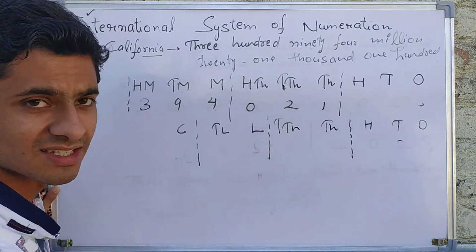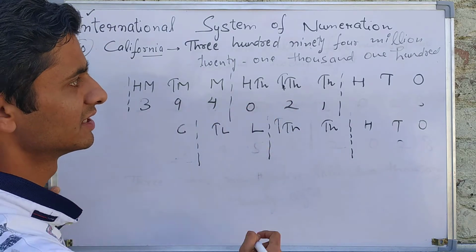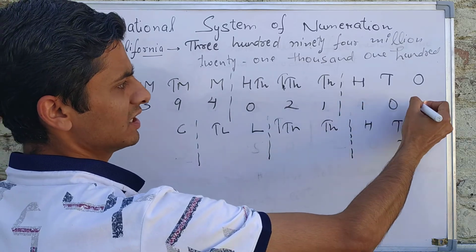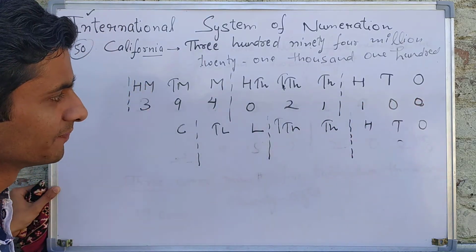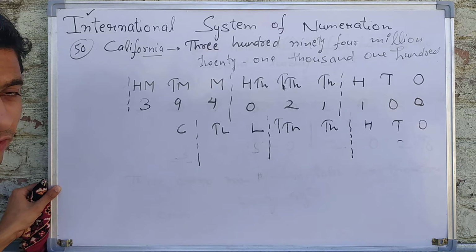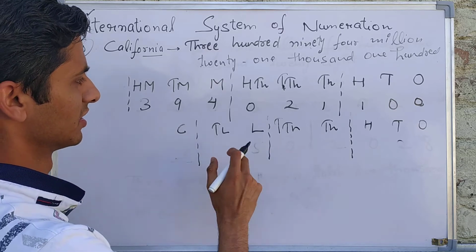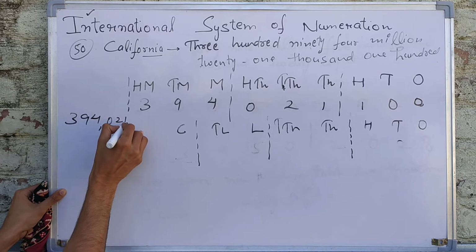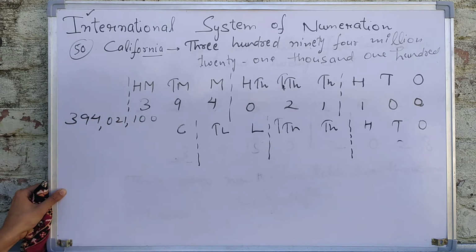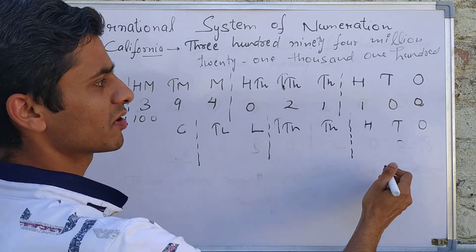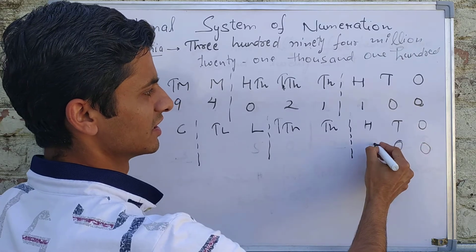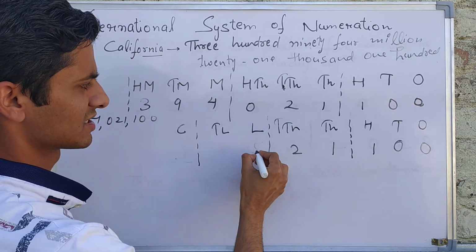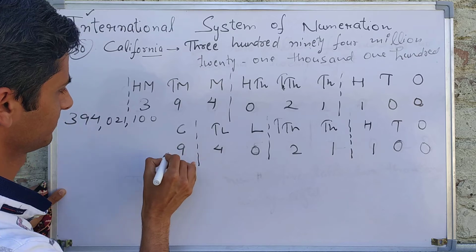So it would be like this, 21,100. Similarly, if you want to place commas, it would be something like this in the international system of numeration. In the Indian system of numeration also, if you place commas, it would be something like this.